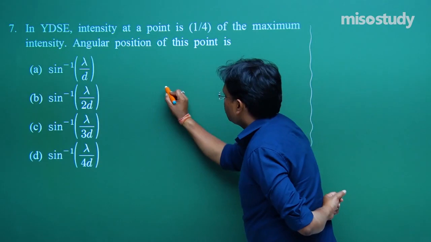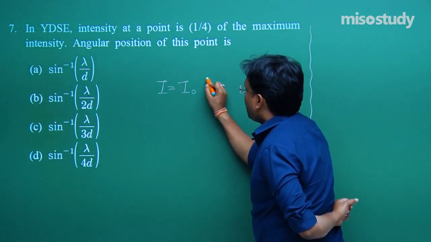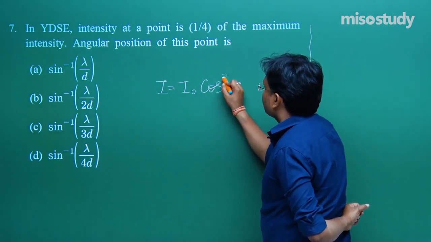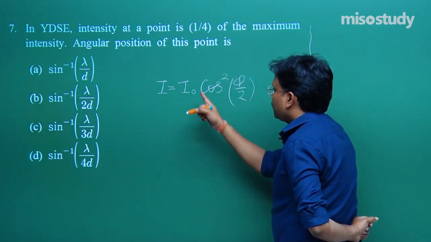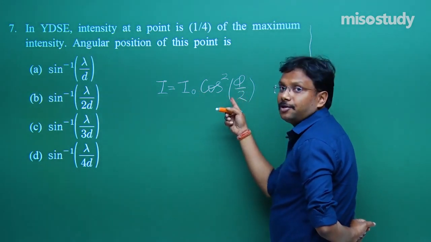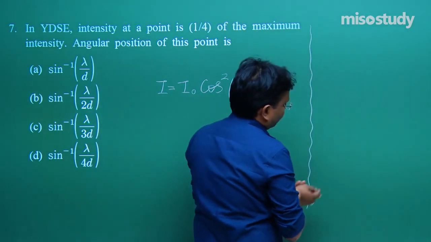One thing I would like to mention: I is equal to I naught cos square phi by 2. This is the relation between intensity and phase, so we will use this relation.